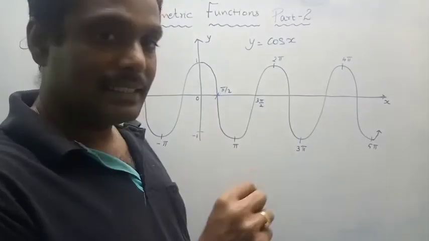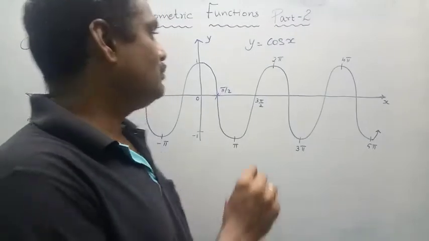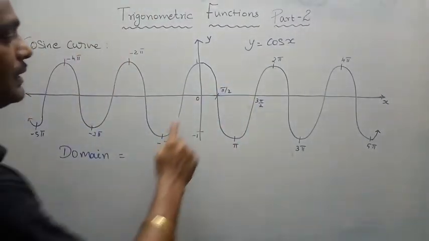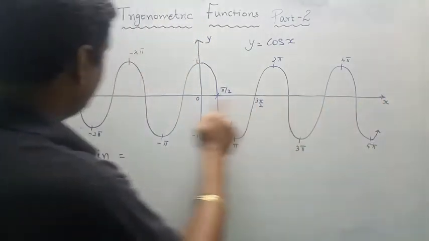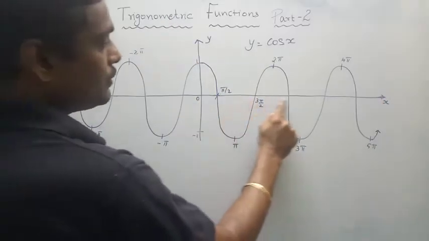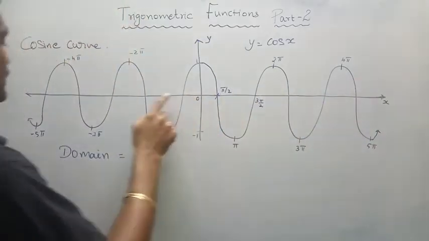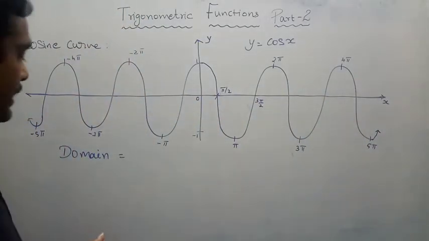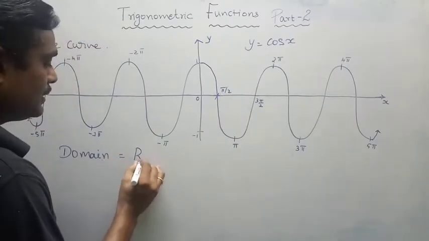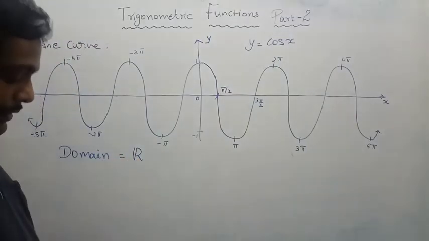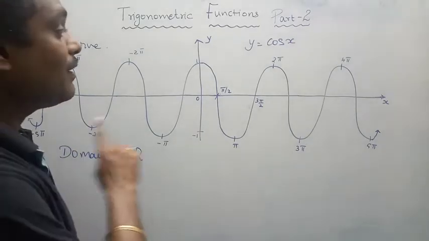So x is called the domain. What values can x take in this case? See, the real x-axis is here, no? It takes 0, 1, 2, 3, etc. till this end, and minus 1, minus 2, minus 3, etc. till this end. So the value of x is nothing but the domain. It is the set of all real numbers.